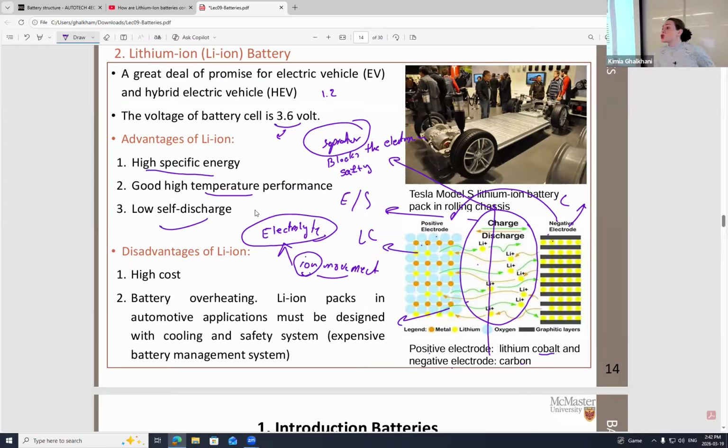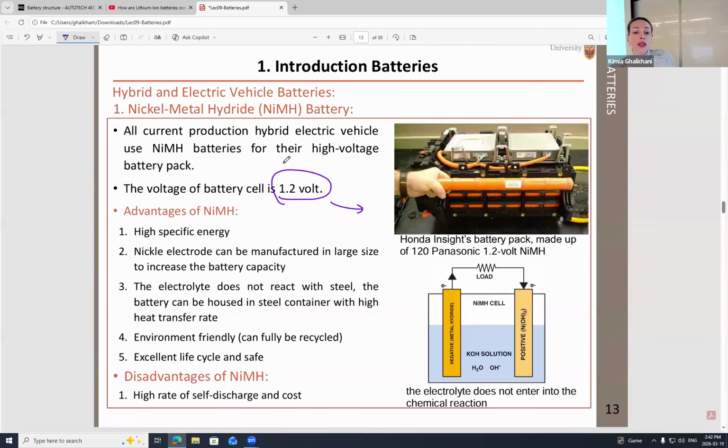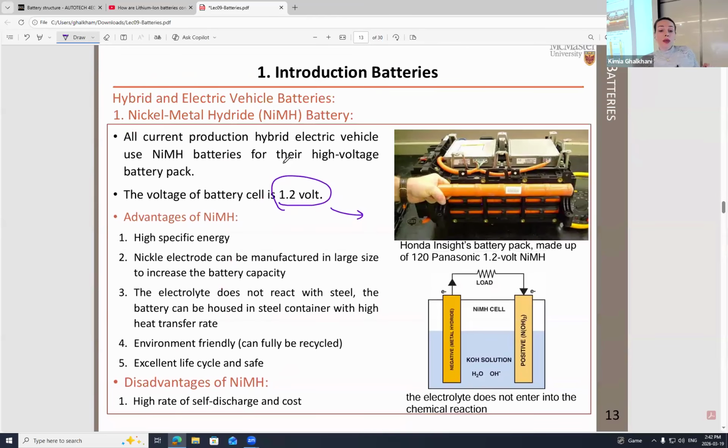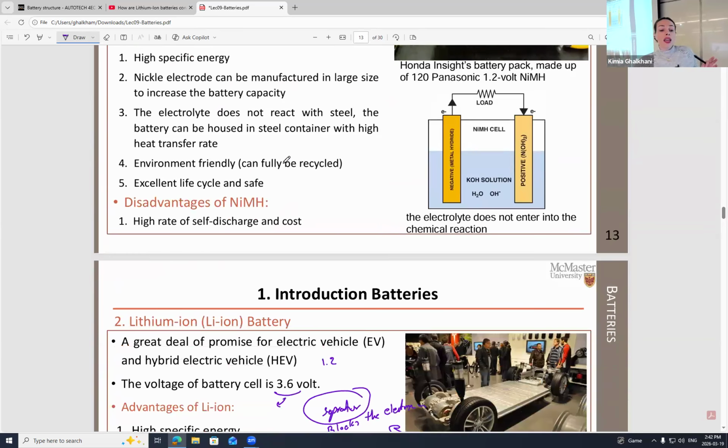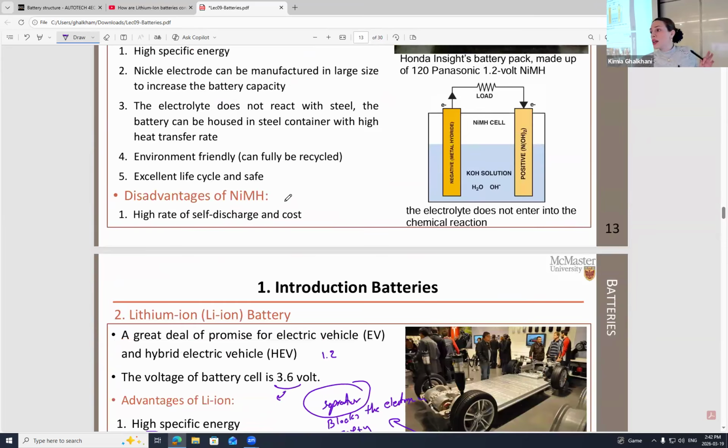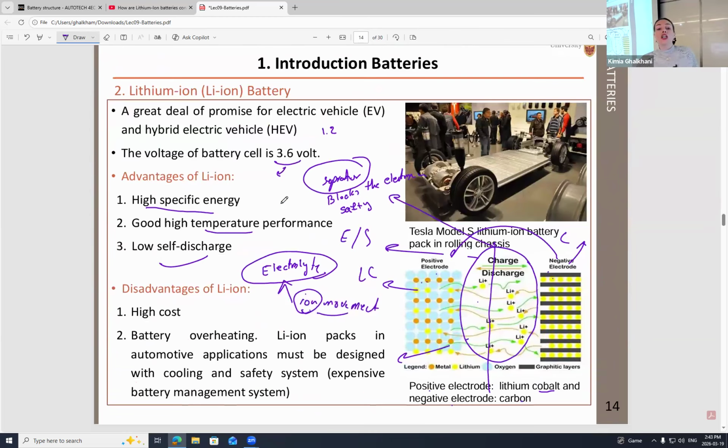And definitely, this is super important. If they are sitting on the side and you are not using them for a while, the rate of self-discharge in lithium-ion batteries is lower than other batteries. While, for example, for nickel metal hydride, if you just keep them on the side, their rate of self-discharge is high, therefore it is not efficient to be used for electric vehicle application.